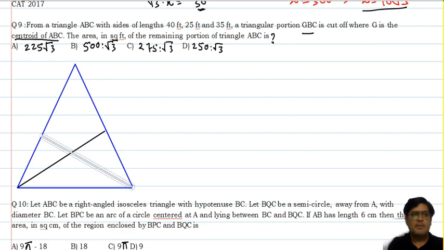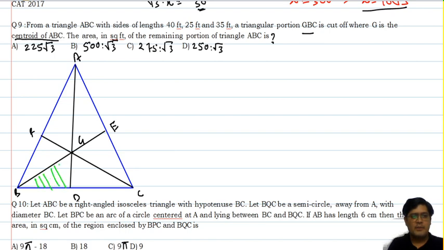So first let me plot this diagram roughly. If the vertices are A, B, C and the points are D, E, F and this point is G, we want to know when this area, which I am plotting with green color here, is cut off, how much area remains.